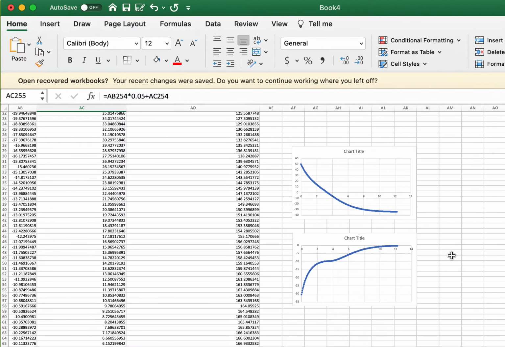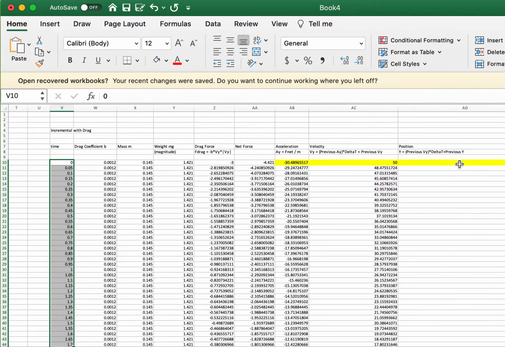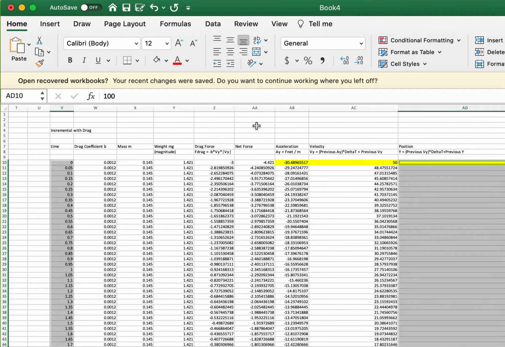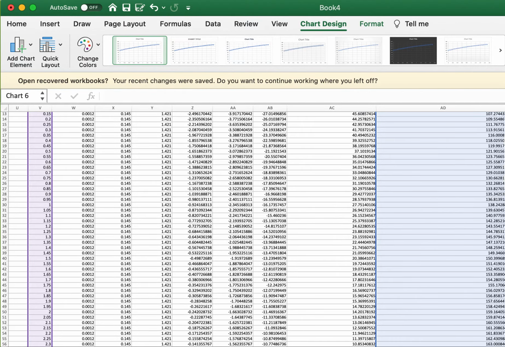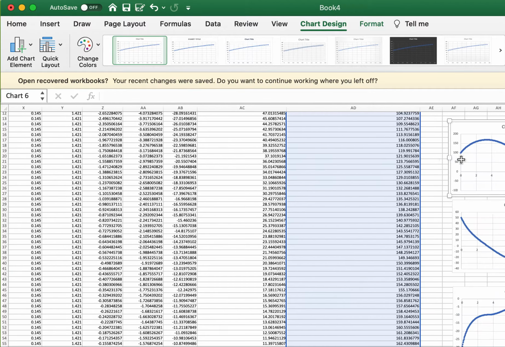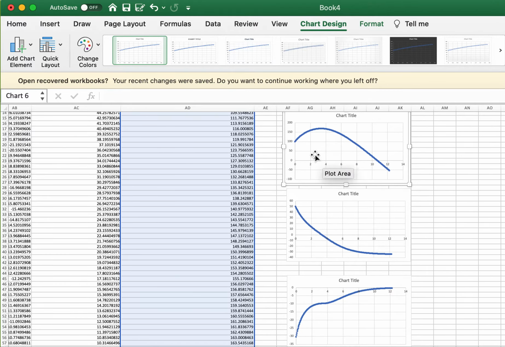Now let's try a position graph. Alright, there's our graph. We reach a peak, come back down and hit the river.